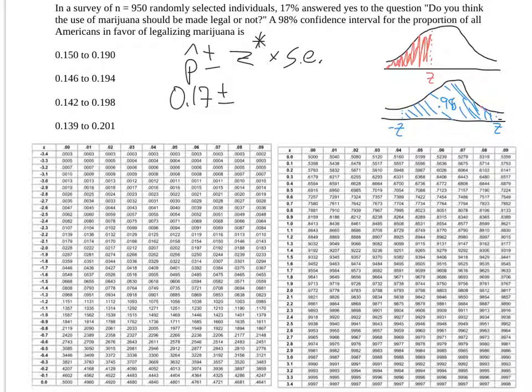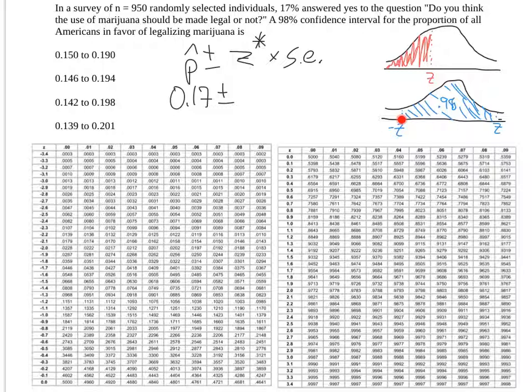Total area is 1. If we're going to have an interval that is symmetric, that means we need to find either a z corresponding to a probability of 0.99 or a negative z value corresponding to a value of 0.01. Alright? So I'll show you both, and I'll show you that they both give you the same answer.